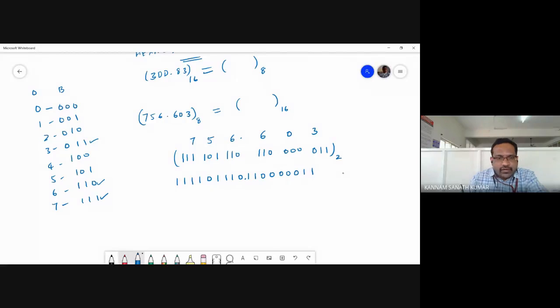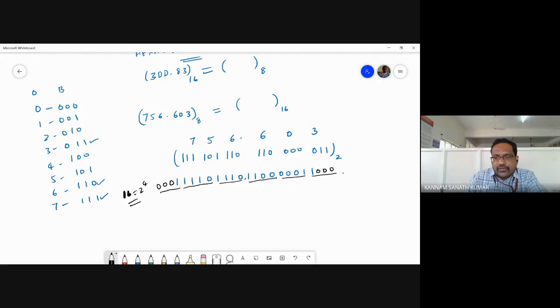Okay. Now you need to convert into hexadecimal. So 16 in terms of 2 power, how can you represent it? 2 power 4, no? So you have to combine 4 bits. Here, if you start from here, 4 bits, you can add 3 zeros, and here 4 bits, 4 bits, you can add 3 zeros.